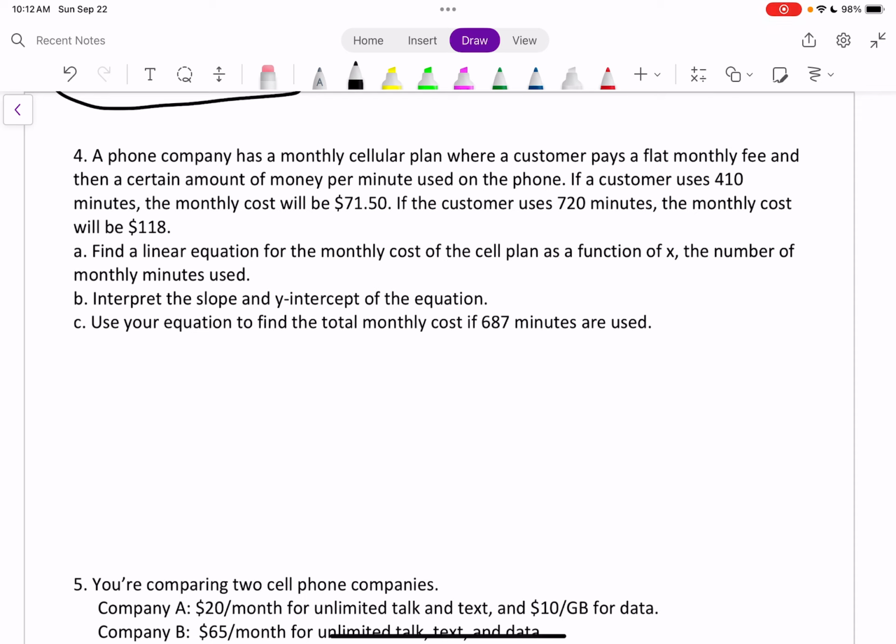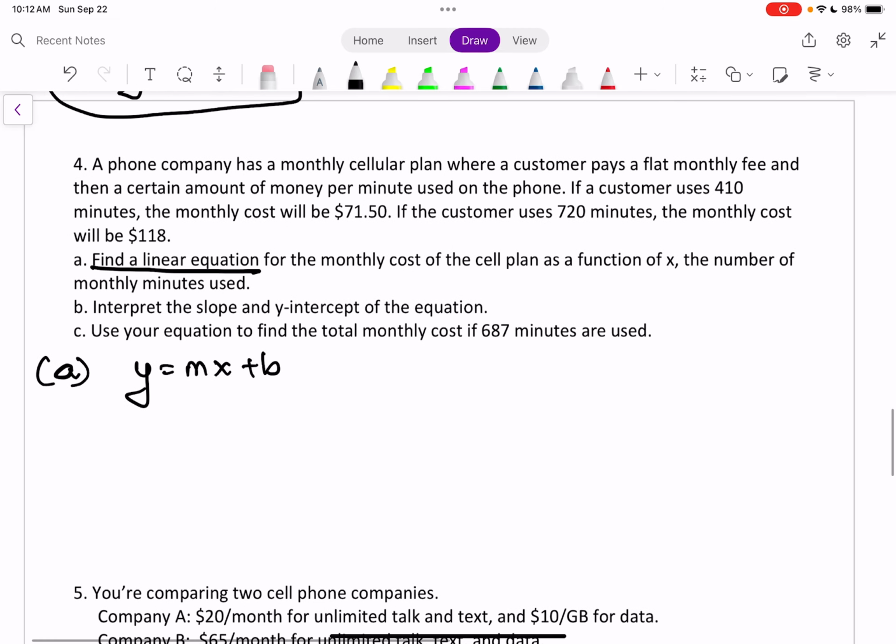If the consumer uses 720 minutes, the cost is $118. Find a linear equation for the monthly cost of a cell plan as a function of X, the number of monthly minutes used.